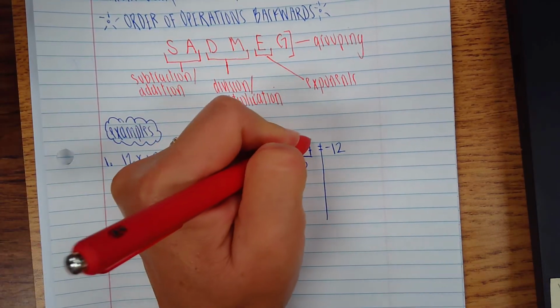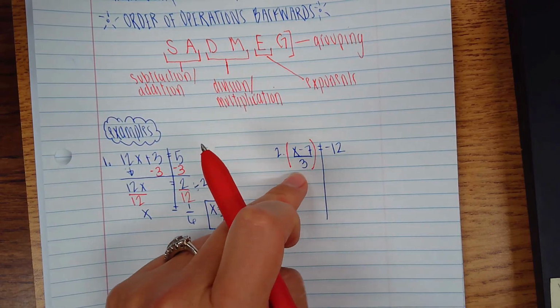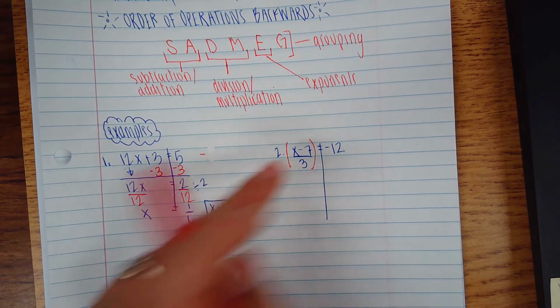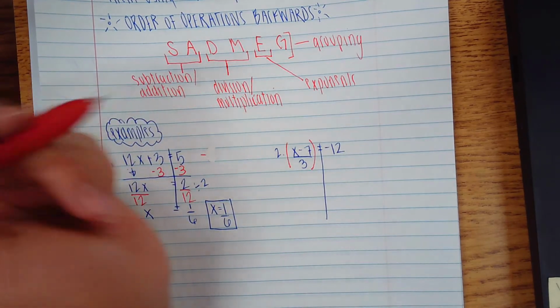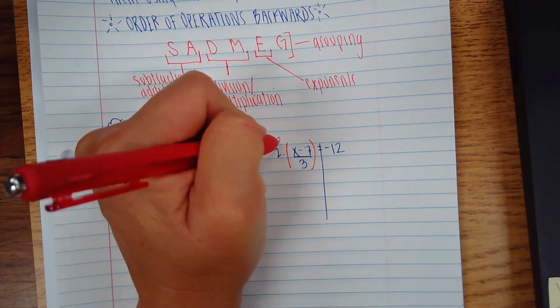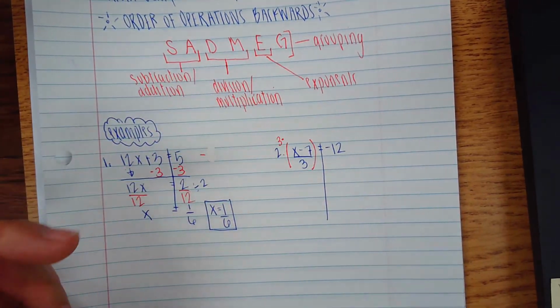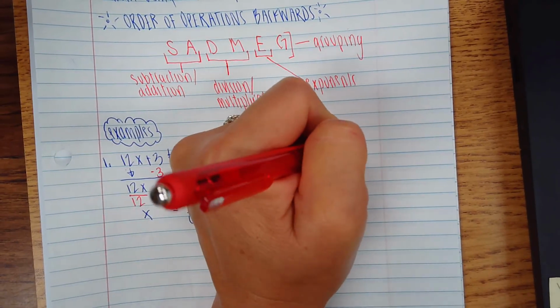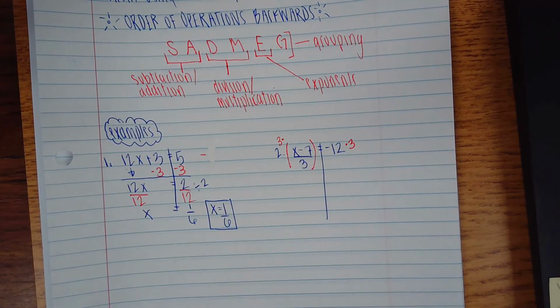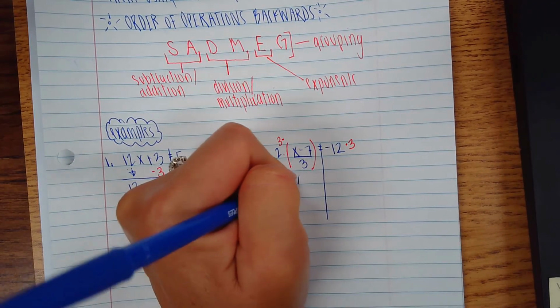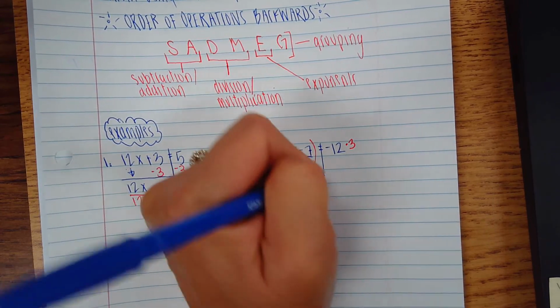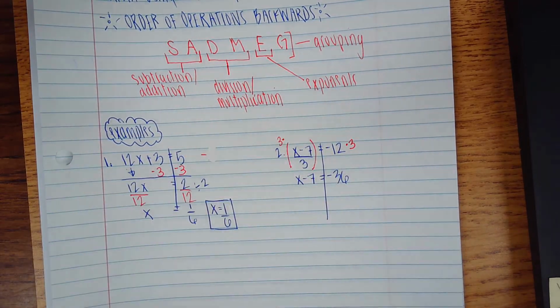So what I'm going to do is clear this divided by 3. If it's divided by 3, the inverse or the opposite or undoing it would be multiplying it by 3. What I do to one side, I have to do to the other. So I'm going to multiply that side by 3. And I'll be left with x minus 7 equals negative 36.